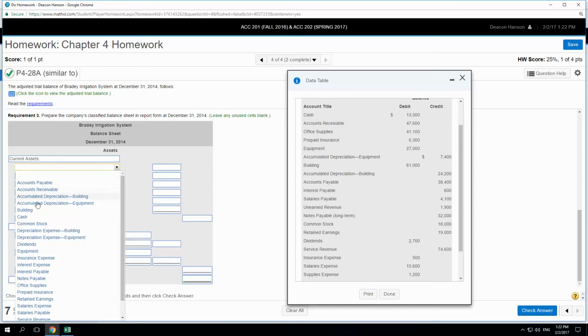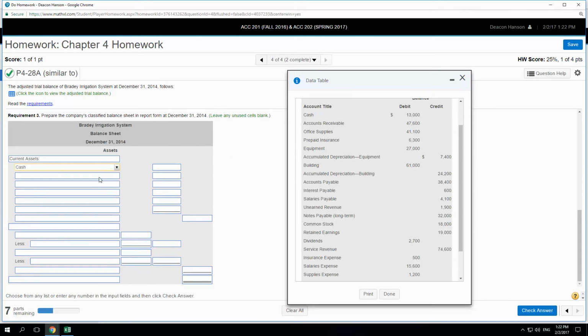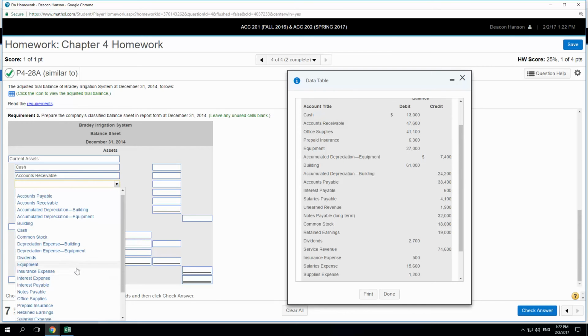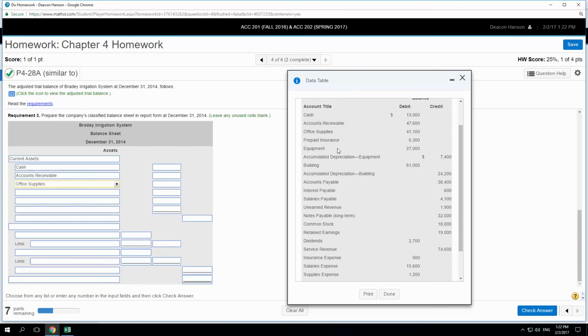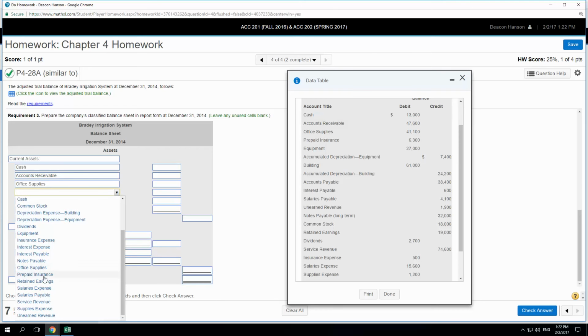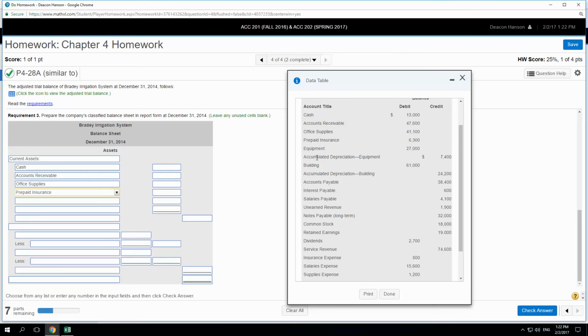Okay? So we can look at them here right from the trial balance. I know I'm going to have cash. I'm going to have accounts receivable, office supplies. I'm going to have prepaid insurance. Now equipment is not going to be in the current asset section. Okay. Now with assets and with balance sheet items, we don't list them in the largest to smallest order.